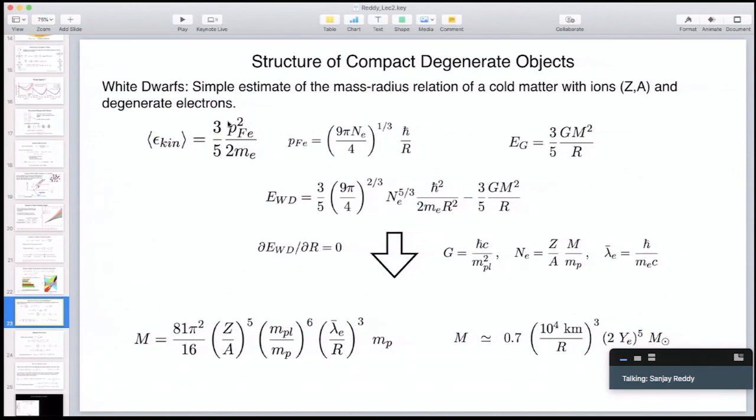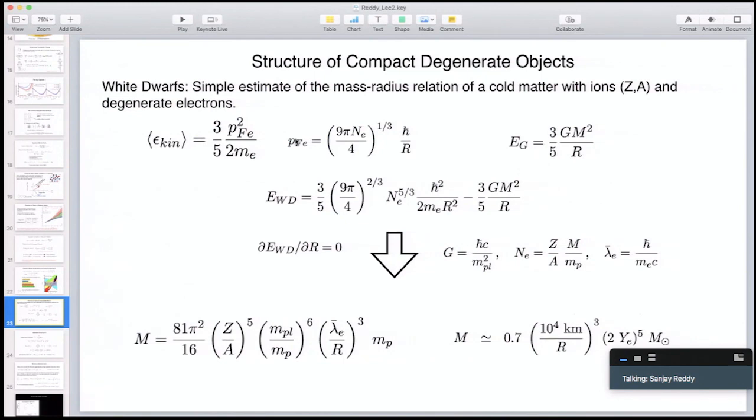And since we are saying that the white dwarf is a constant density object, the Fermi momentum is the same everywhere inside the white dwarf. And you can then relate the Fermi momentum of the electron to the number of electrons in the white dwarf and the size of the white dwarf, because the electron has to live inside the white dwarf.